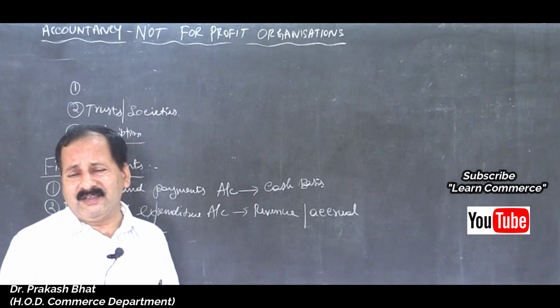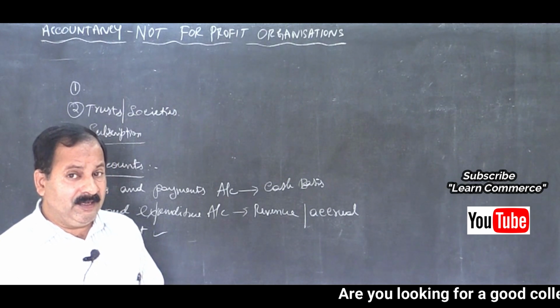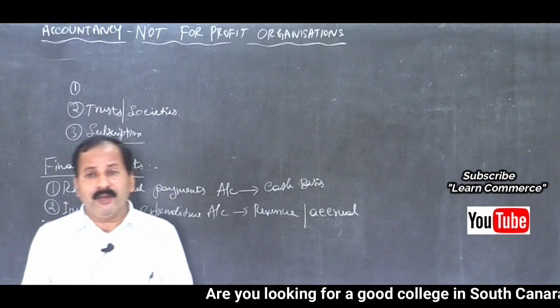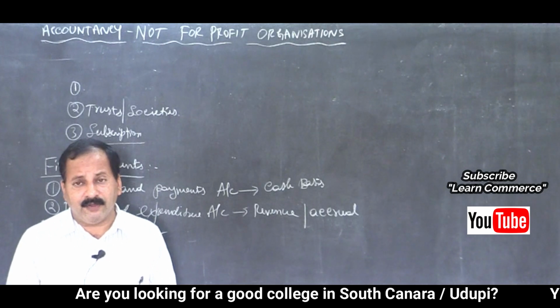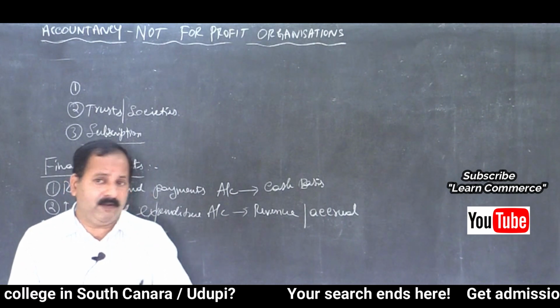Everything may be there. We consider it as an asset. And the difference between the total assets and total liabilities of a not-for-profit organization is treated as capital fund.